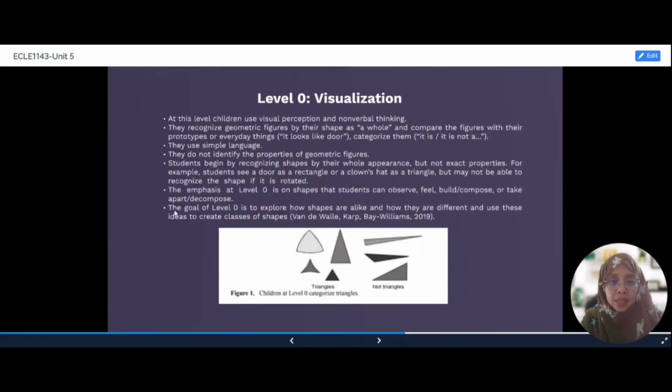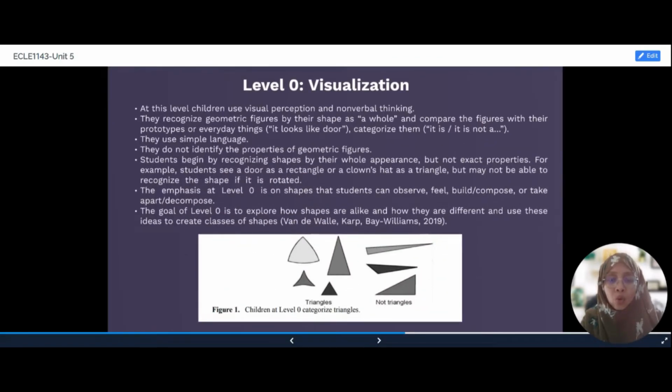Okay, let us look at the first one, level 0, called visualization. At this level, children use visual perception and non-verbal thinking. When they look at an object, they do not see it as a shape, but rather as a thing that they are familiar with.